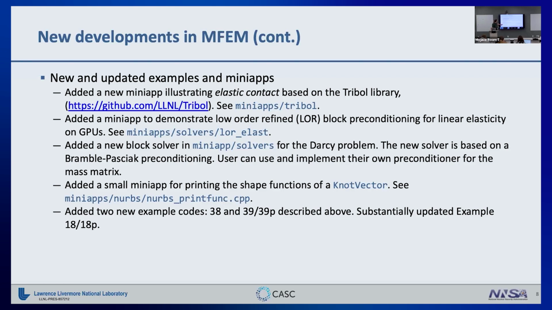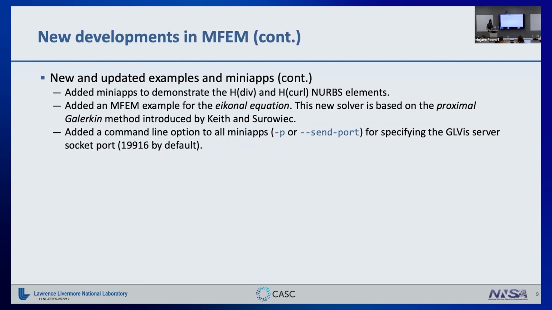The other two things worth mentioning. I think this example calls for something that was already mentioned before. Okay, so these are things that are new since the release. One mini app, plural here, so probably two mini apps to illustrate H(div) and H(curl) NURBS elements.